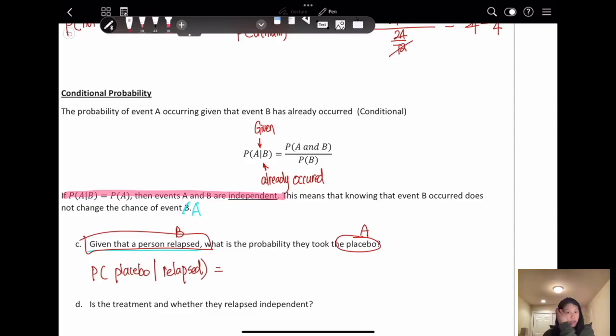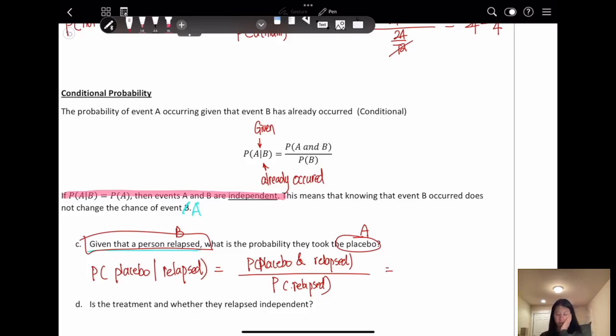So this conditional probability equals the probability of people who took placebo and relapse over the probability of relapse.